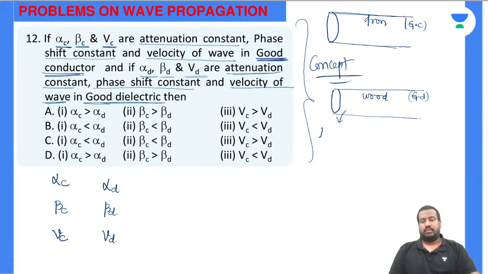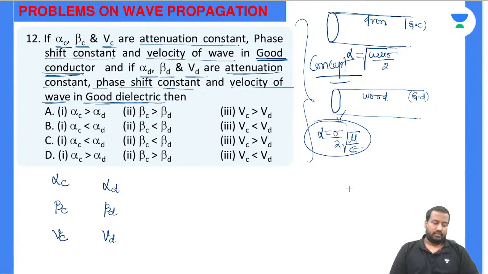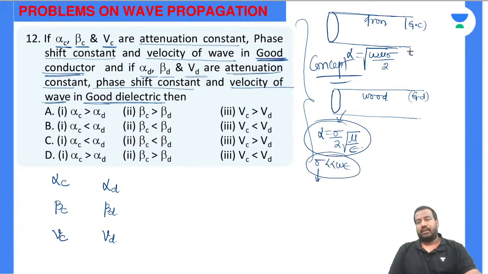In iron it will get more attenuated, or in wood it will get more attenuated? Alpha value is sigma by 2 into under root of mu by epsilon for good dielectric. For good conductor, alpha value is under root of omega mu sigma by 2. For good dielectric, sigma is far less than omega epsilon, a very small value. For good conductor, sigma is far greater than omega epsilon, a very large value.